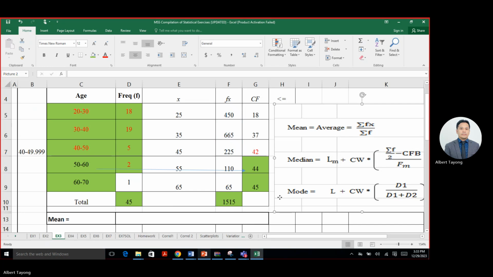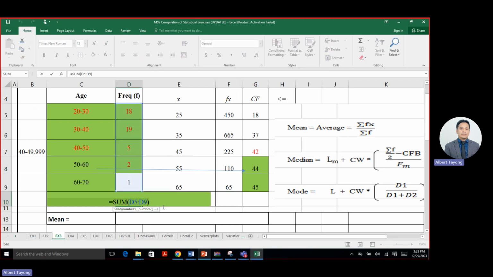For example, here, this one is blank, and you're going to copy 45. It will not copy 45 actually, because it has a formula. What it is going to copy is the formula.